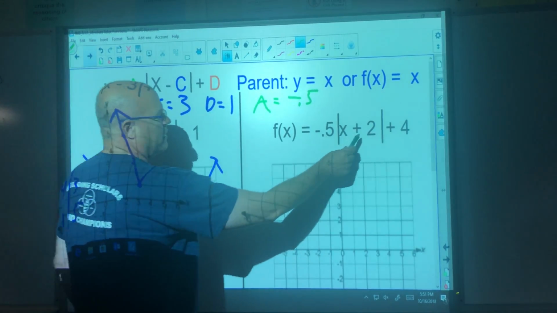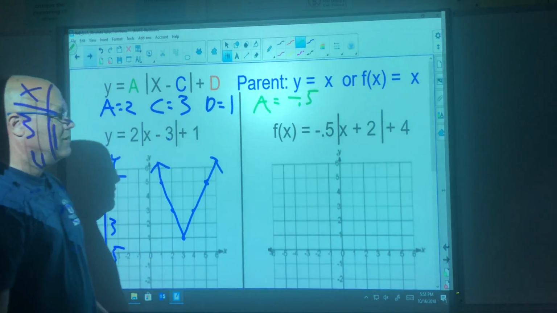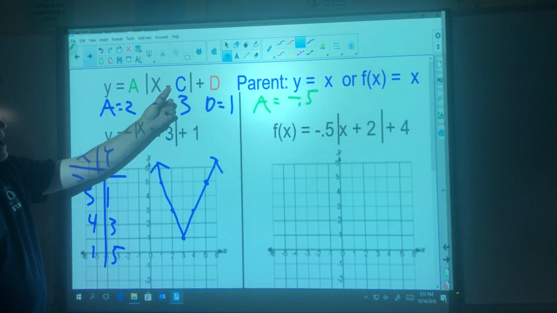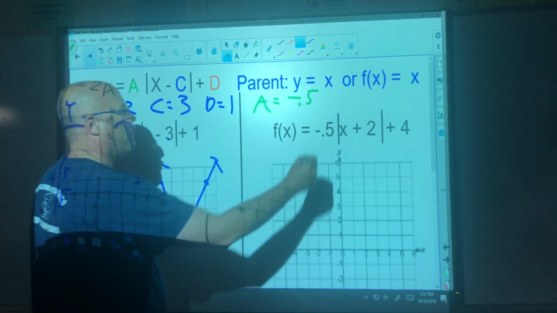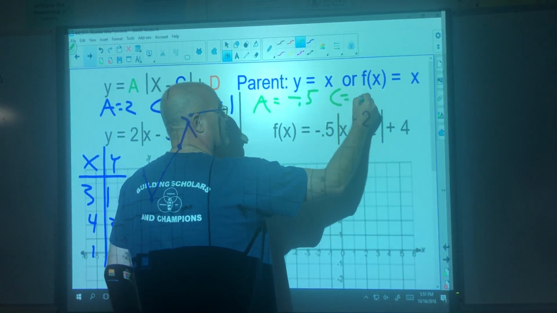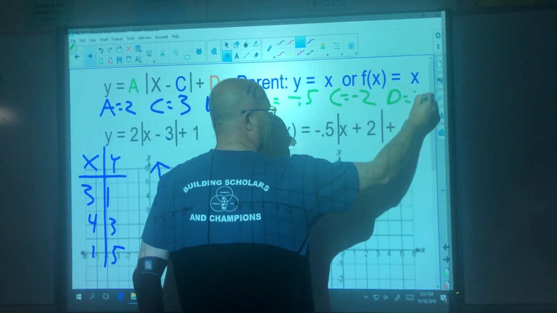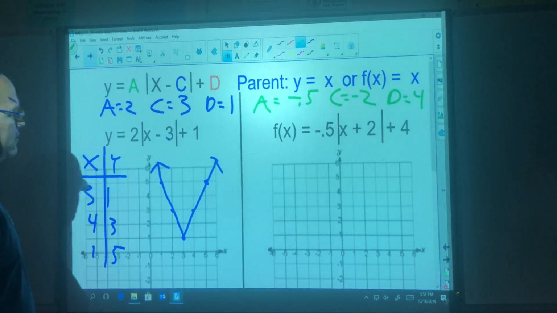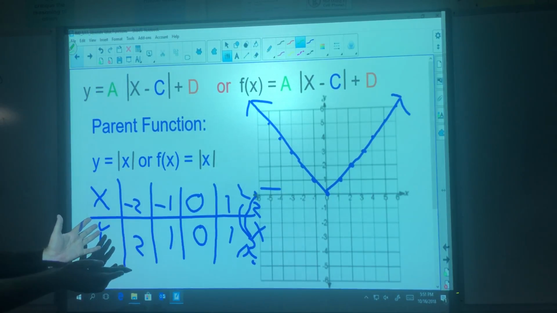Then the c value, it says x plus 2. Well, remember it's x minus c. So isn't that x minus negative 2, which becomes x plus 2? So therefore our c value is actually negative 2. And then our d value is 4. So again, thinking back to the original parent graph, what's going to happen here?